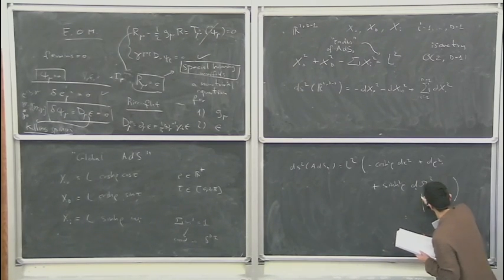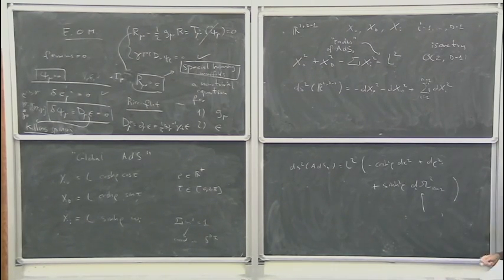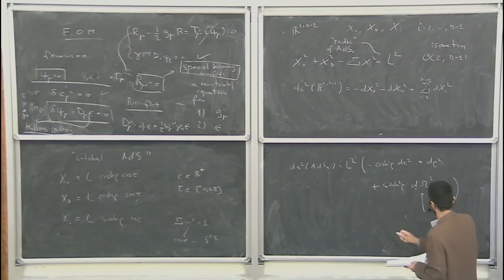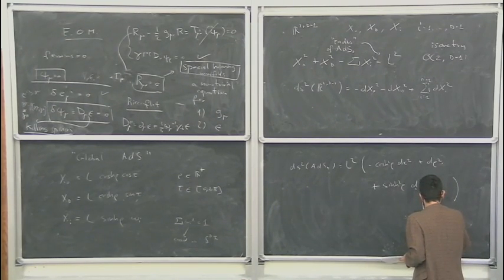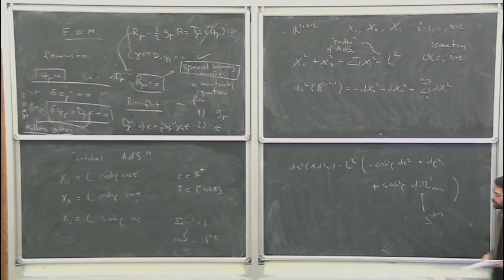Okay, so this is the round metric on a sphere in d minus 2 dimensions. That's 2 for d equal 4.